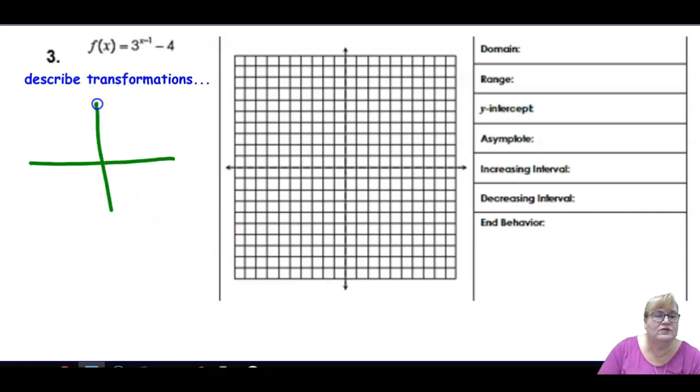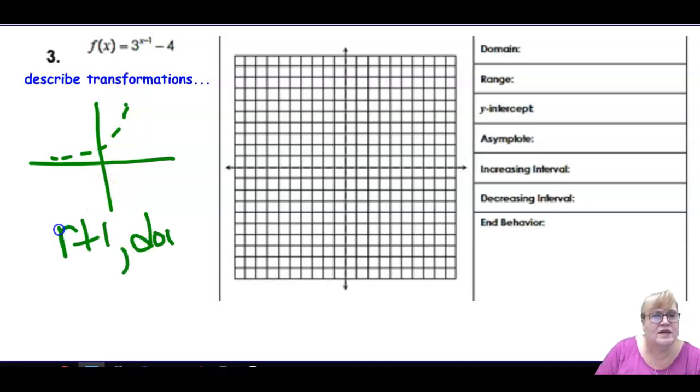So y equals 3 to the x would look like this. All right. That's a minus 1, so it's shifted right 1 and down 4. So down 4 changes this horizontal asymptote here that was y equals 0 is going to be down at negative 4.